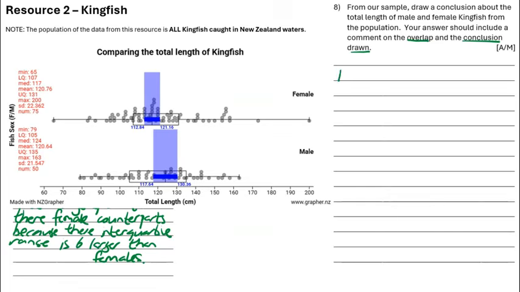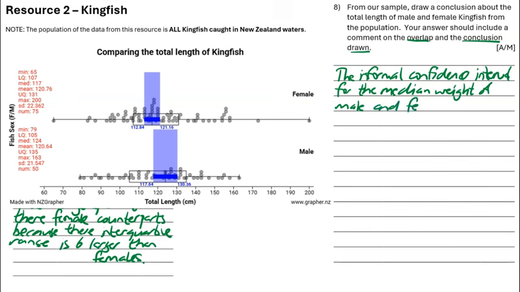So the informal confidence interval, forgive my messy handwriting, interval for the median weights of male and female kingfish, they overlap, don't they? So that's the first thing. That's the really, really important part.